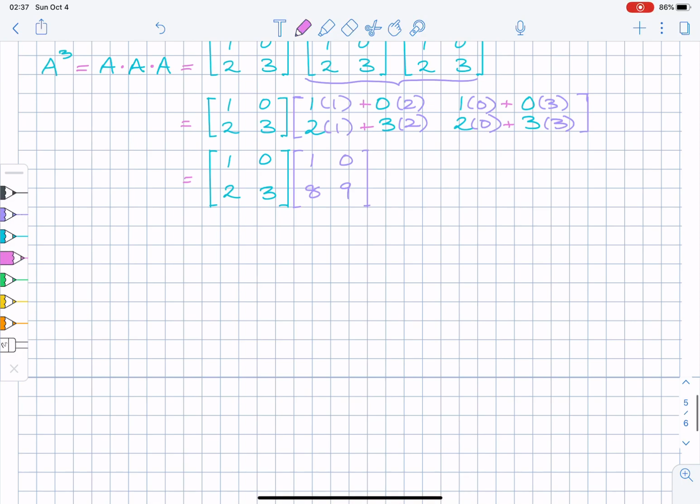Okay, so now we're going to do the last product between these two, which is A and A squared.